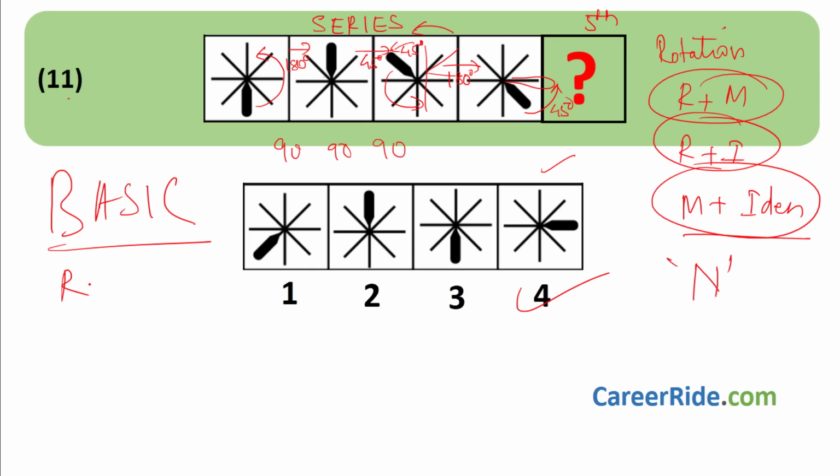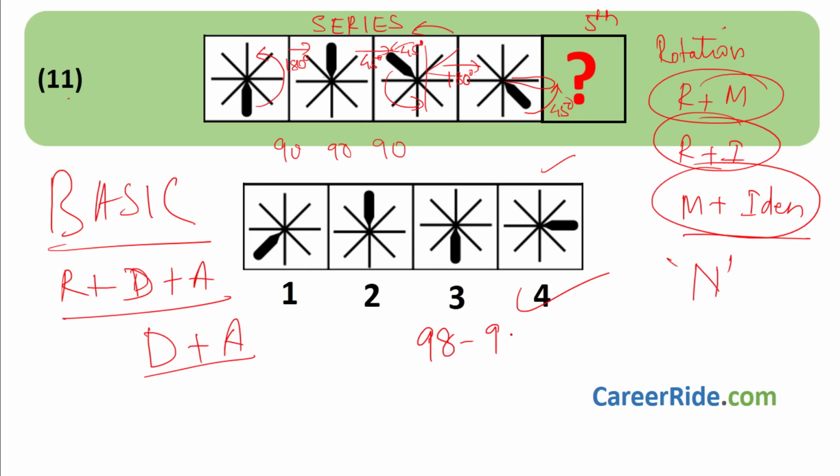You can have rotation plus dislocation plus addition. This can become a separate type. You can have dislocation plus addition. Such lots of types can be made. Just remember these 5 to 6 types, just remember these tips, and you will be able to solve almost 98 to 99% of sums related to verbal and non-verbal analogy.